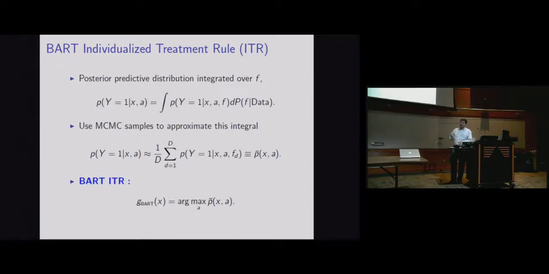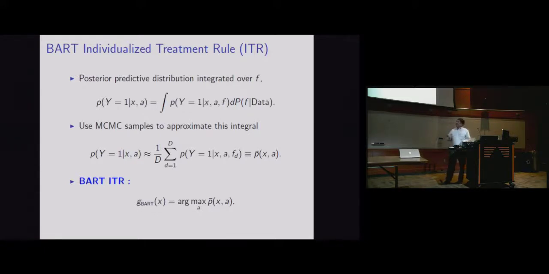Okay, so that's where the posterior predictive distribution here is the integral of the conditional probability given x and a and a particular function f with respect to the posterior on f. And in fact, we can use our MC samples directly to approximate this integral.